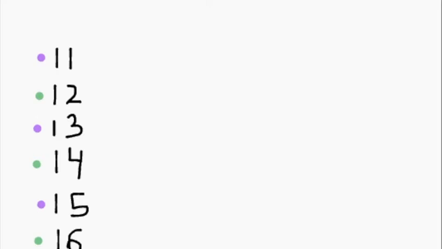Now we're gonna switch it and reverse it. So green is the say 10 way, and purple is the other way. 2 10s, 20, 10, 8, 18, 10, 6, 16, 10, 4, 14, 10, 2, 12.